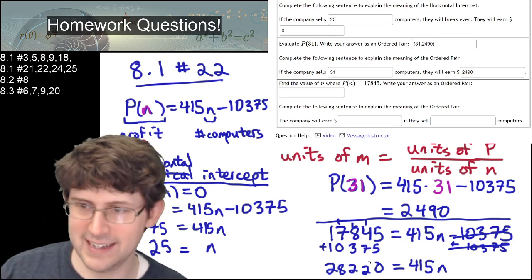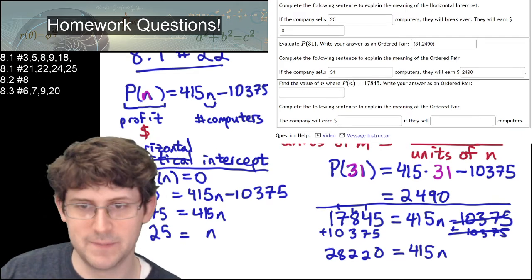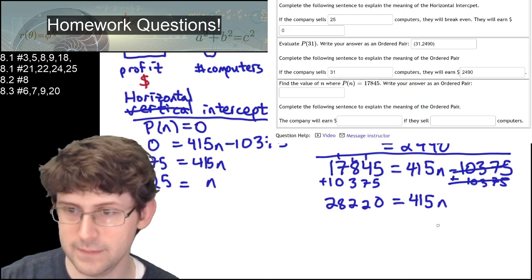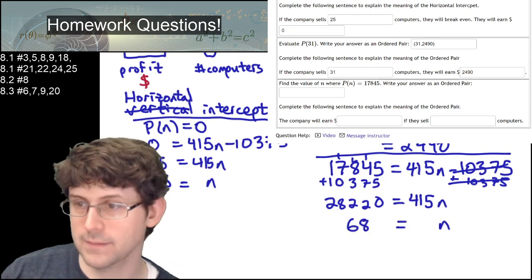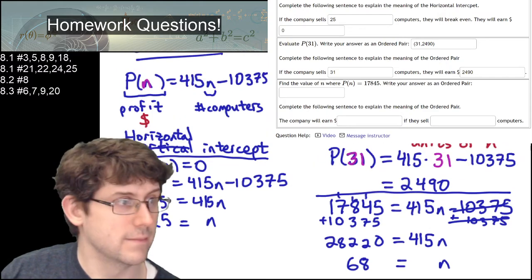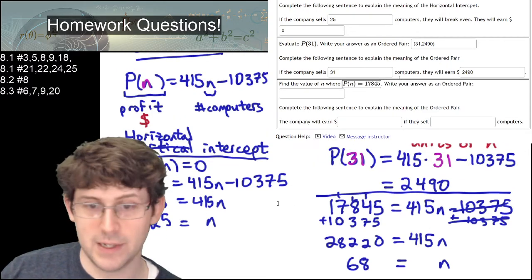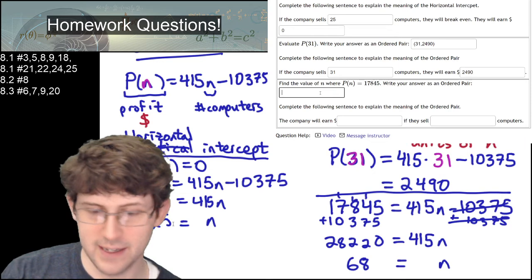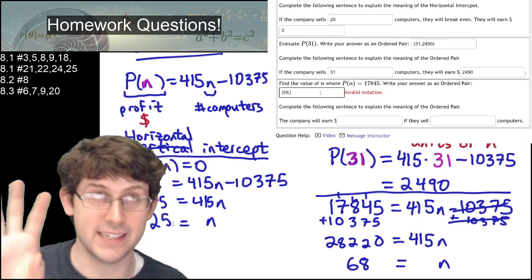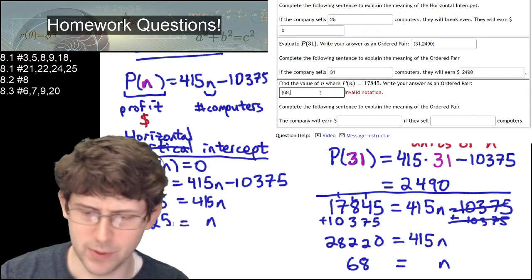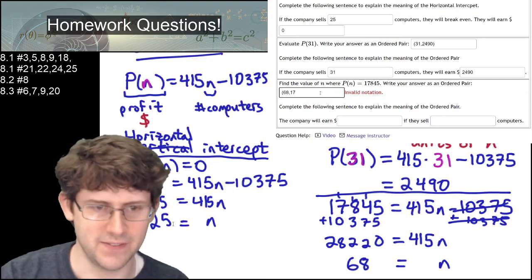I got n is 68. So I'll get that one plugged in. Find the value of n. Enter your answer as an ordered pair. Okay. The ordered pair has 68 for n, and the output was 17,845.